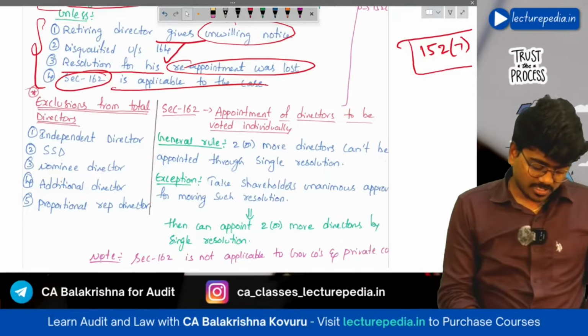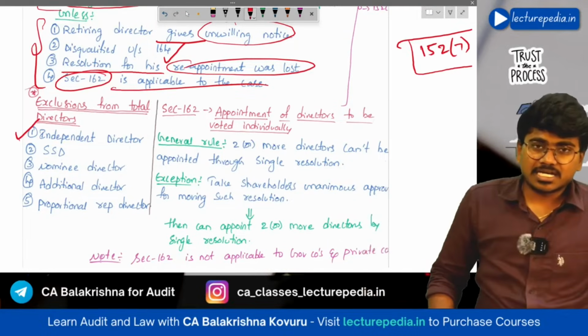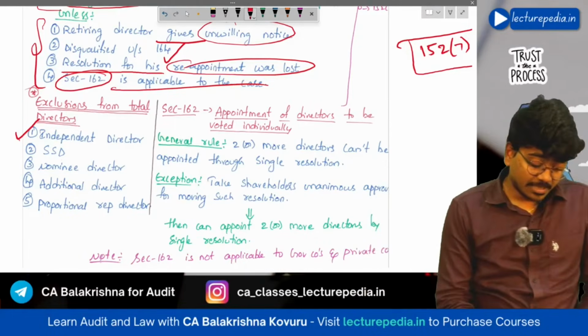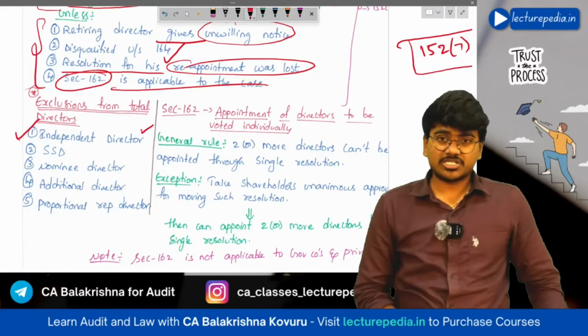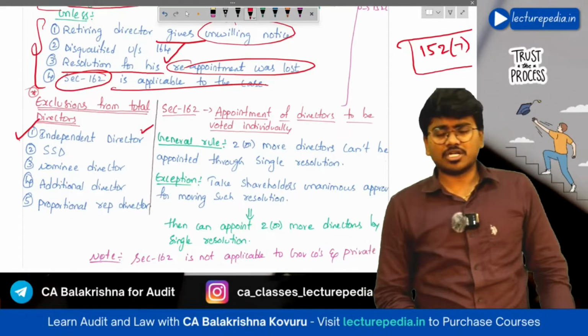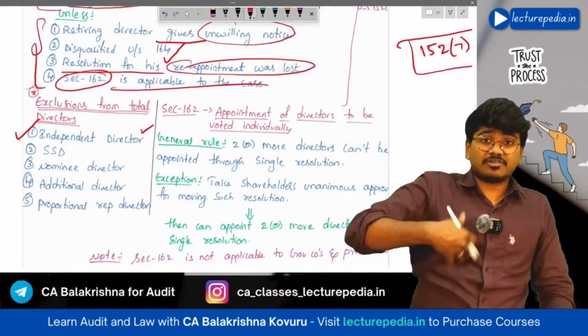So who are they? First of all, an independent director should not be included in the total directors for the purpose of calculating rotational directors. That means an independent director will never be a rotational director, because his term need not be determined by the concept of rotation, because he can be appointed for a fixed term.